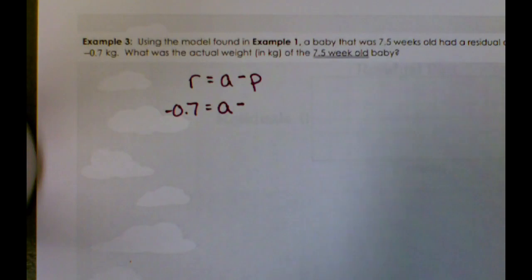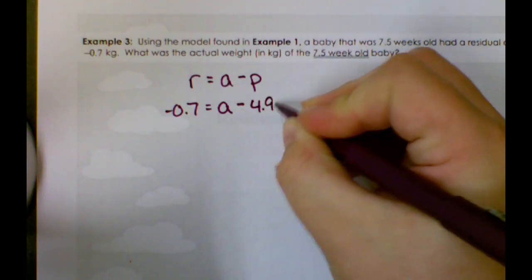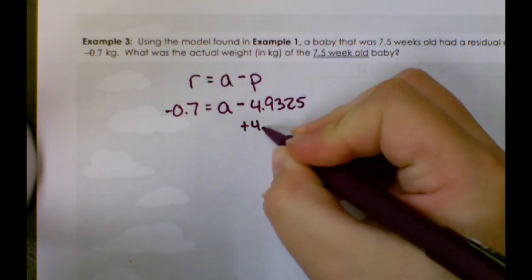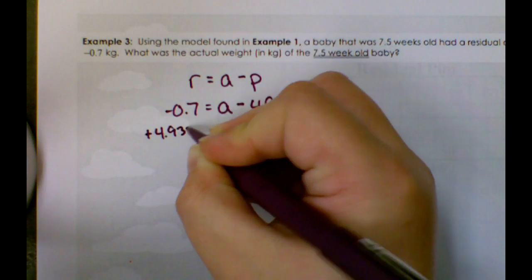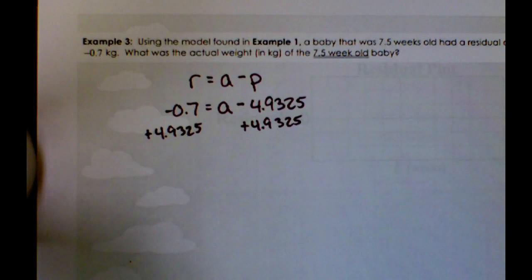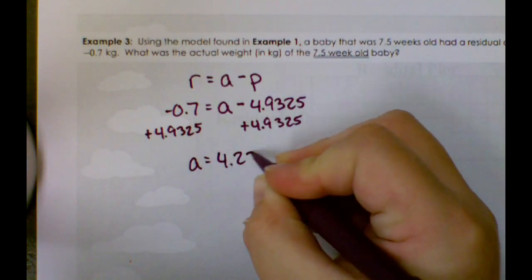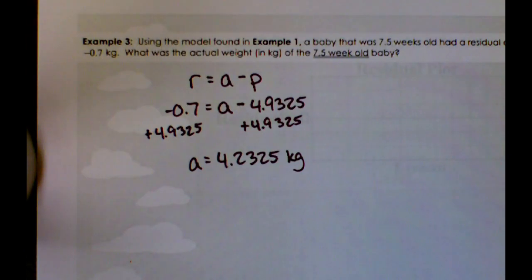Using my calculator, plug it into my function, and I get 4.9325. Now all I have to do is add that 4.9325. And I get the actual weight of that baby was 4.2325 kilograms, approximately.